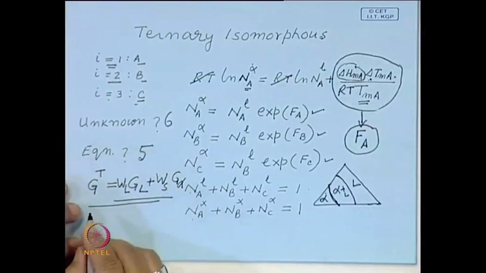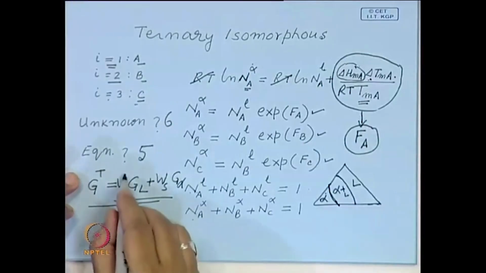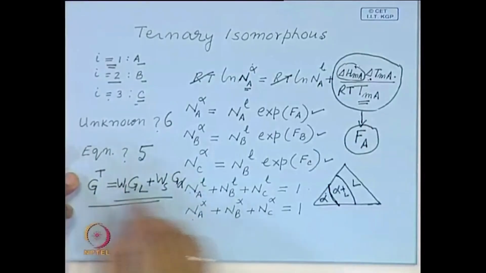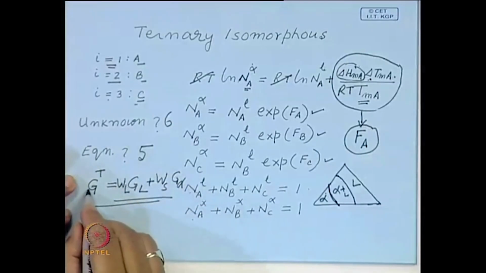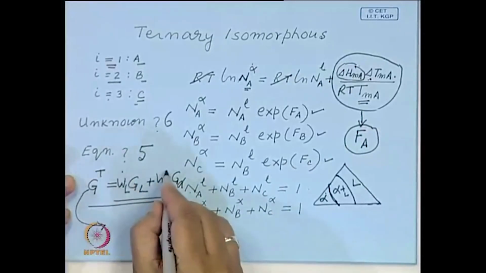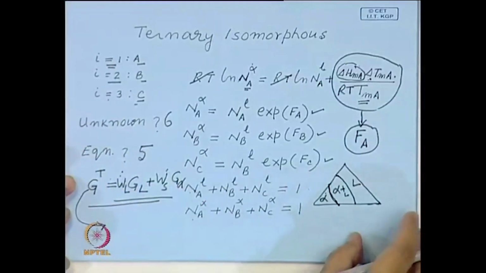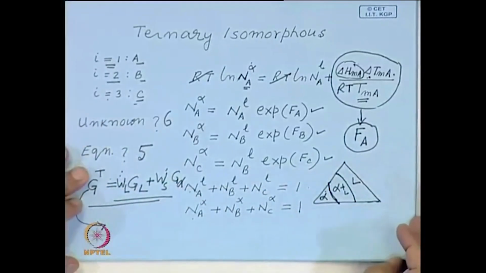You construct this, change these weights, and find the values of these weight fractions at which it is minimum, and this can be done easily on a computer.